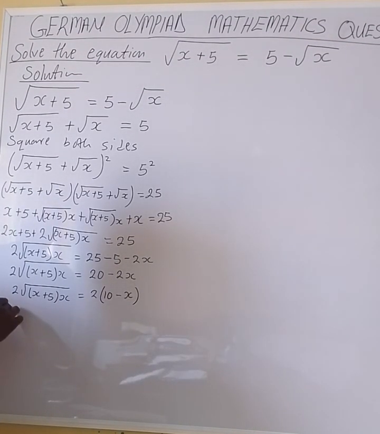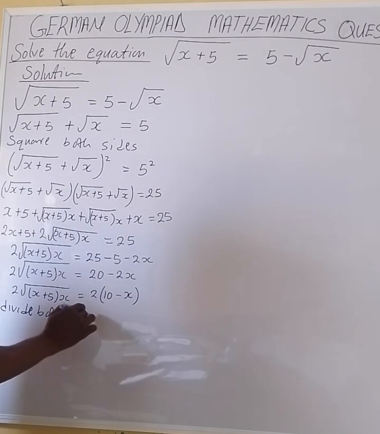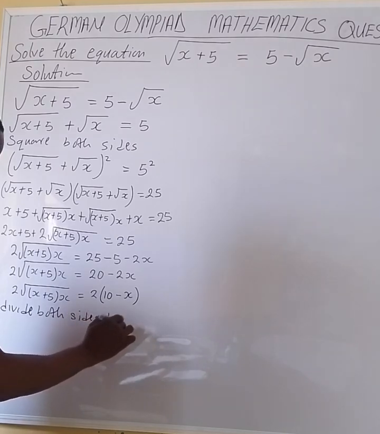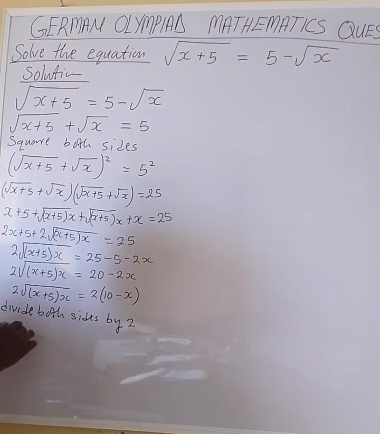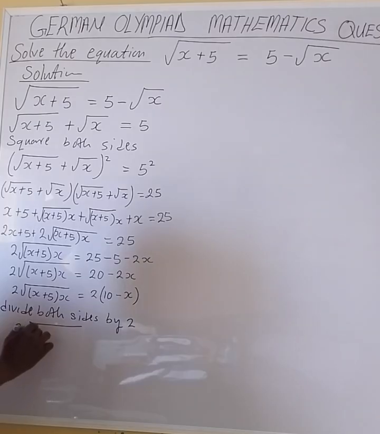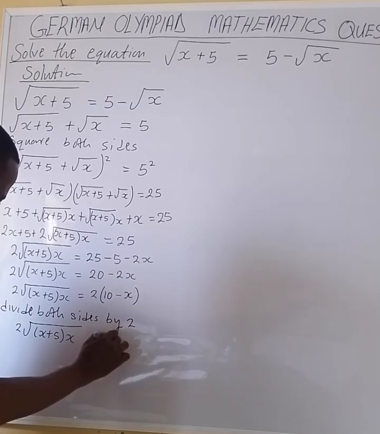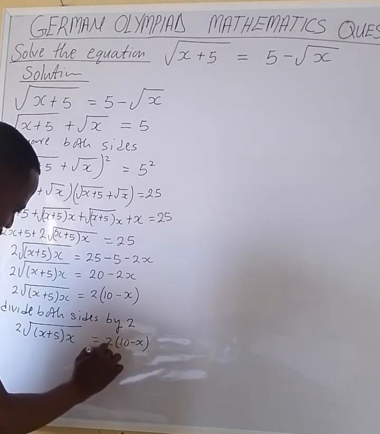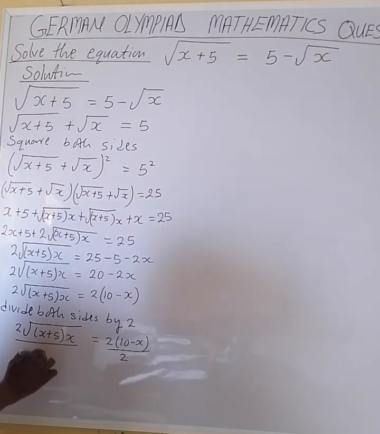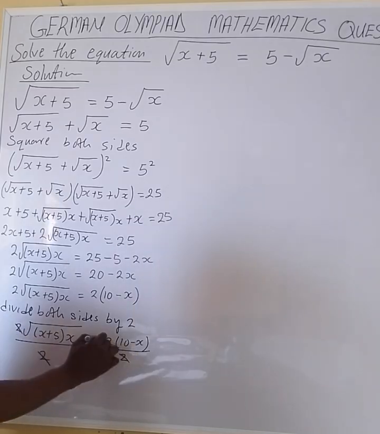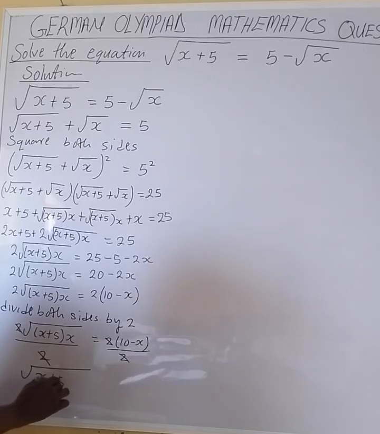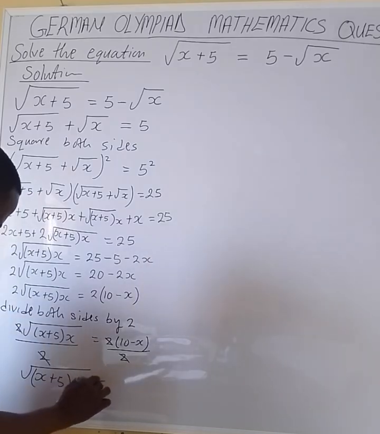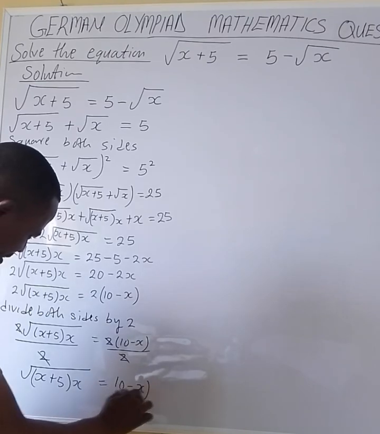We will now divide both sides by 2. It will give us 2 into square root of x plus 5x equals 2 into 10 minus x, over 2 over 2. So 2 cancels 2, 2 cancels 2. Then we are left with square root of x plus 5 into x equals 10 minus x.